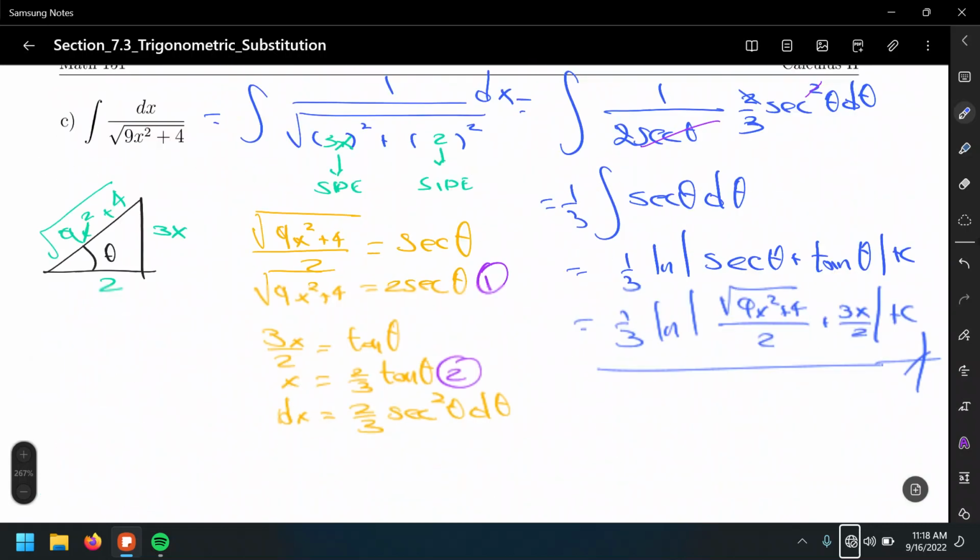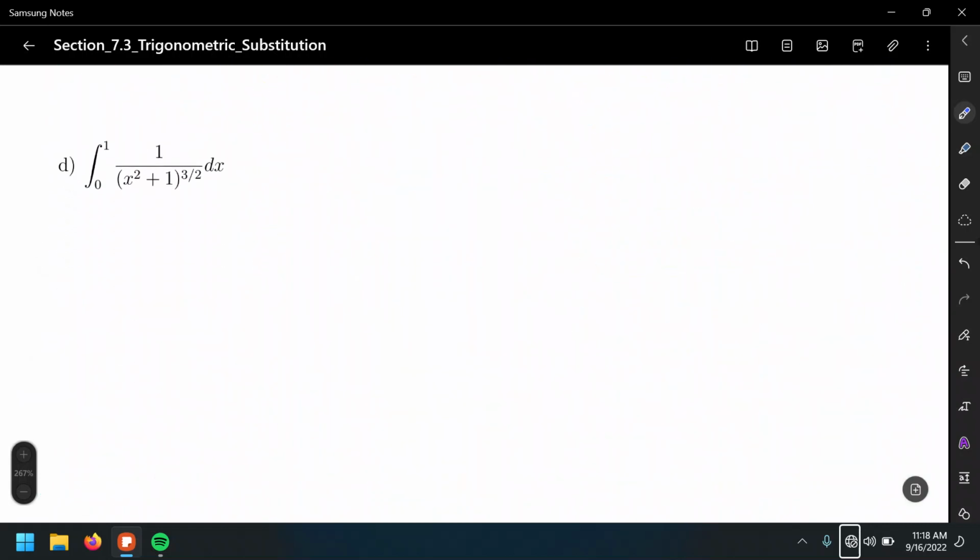The next and last example is actually a definite integral, which by the way also doesn't look like a radical. It has a 3/2 power. Well, sure, we can make this look like a radical because whenever we have rational exponents, the denominator of the rational exponent indicates the index of the radical, which in this case is 2.